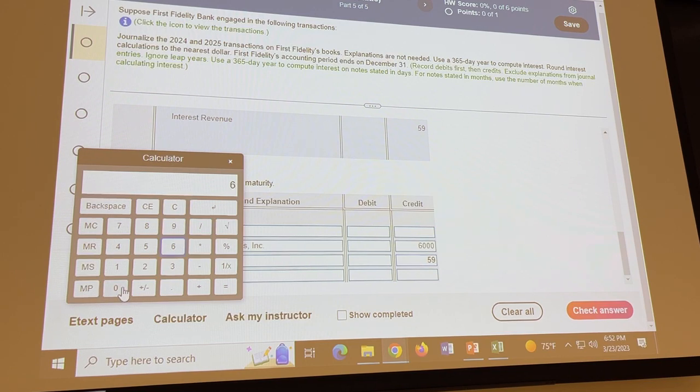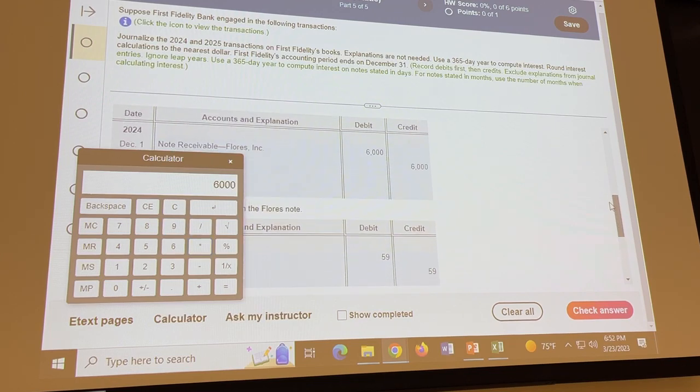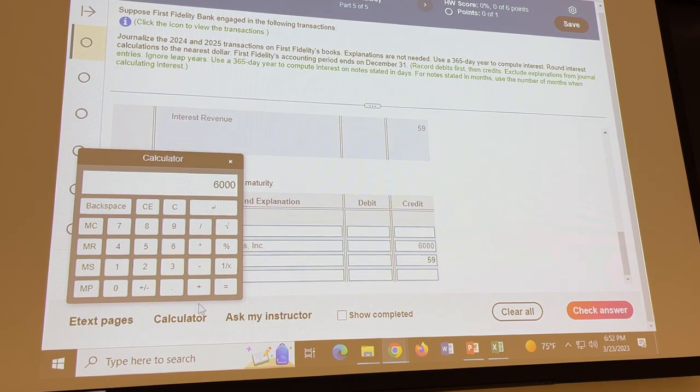So $6,000 times, what was the interest rate? 12%? Times 150 days divided by 365 days.